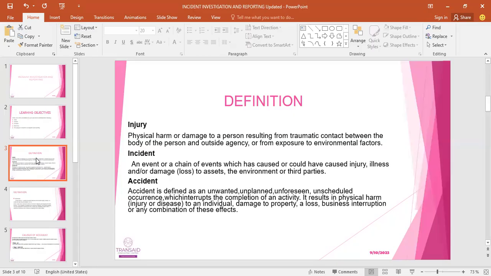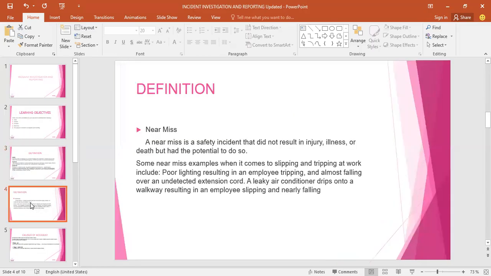Nobody can foresee an accident. However, this session focuses on investigating an incident or an accident when it does occur. Because despite the fact that we cannot foresee an accident, it is important that we draw lessons from it, as we would see in the course of this session.